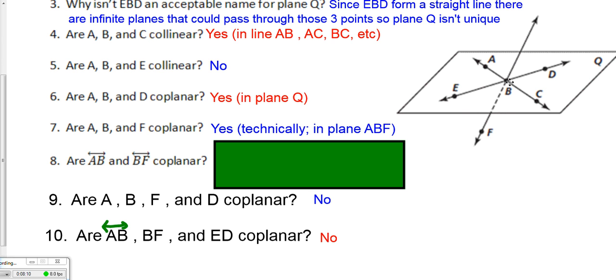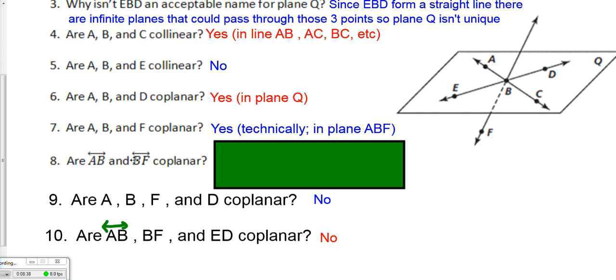So if we put a flat sheet of paper, it could touch A, B, and F together, and again, technically, they would be coplanar. Now again, in this drawing, they are not on the same flat surface, but there is a flat surface that exists that we could put A, B, and F in. So are A, B, and F coplanar? Yes, technically, and it's in this plane. They're kind of their own flat surface.